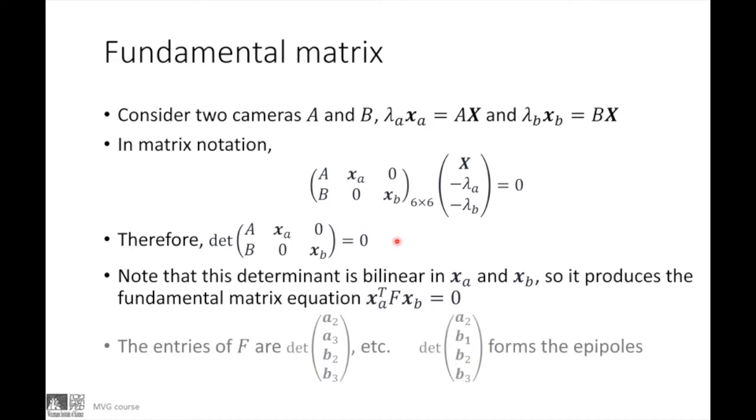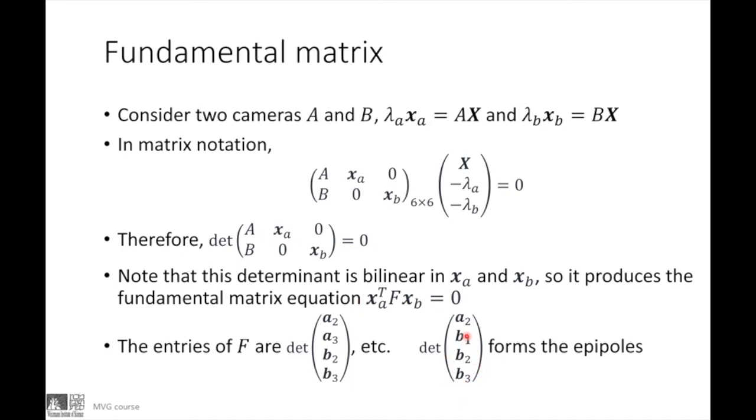And in fact, if we check the components of F, they will be determinants of 4 by 4 matrices, which contain 2 rows from matrix A and 2 rows from matrix B. We have 3 choices for 2 rows from matrix A, 3 choices for 2 rows of matrix B, which gives you 9 components of the fundamental matrix. I won't show that, but you can try to derive it.